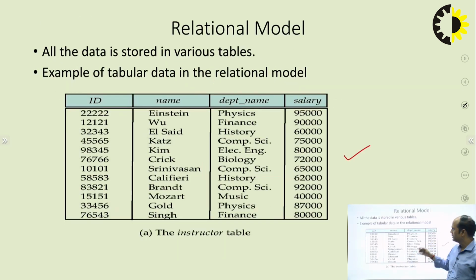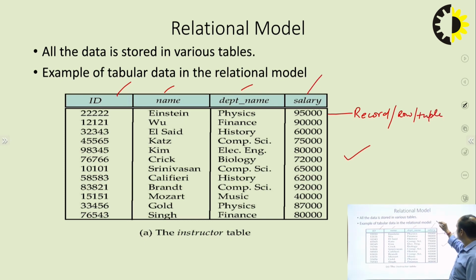Suppose we have tables. Suppose we have stored that particular data in the form of a table. These are called attributes. These are called records. Records are also called rows. A row is a tuple.